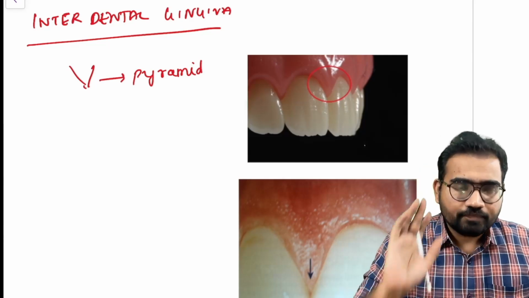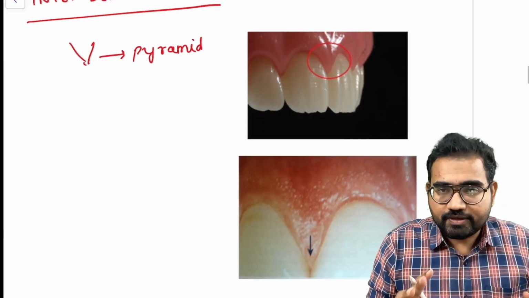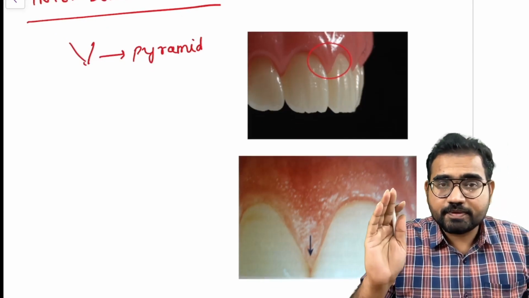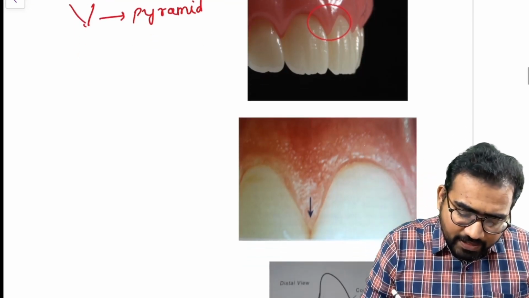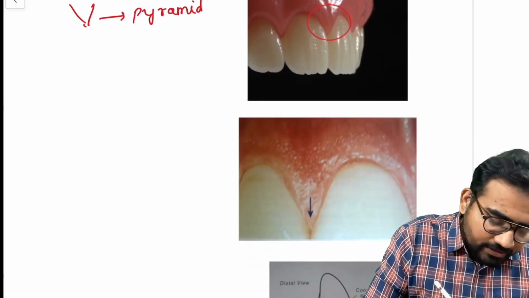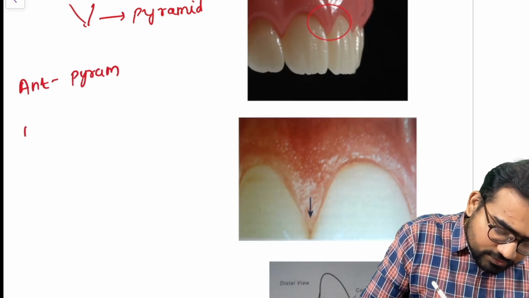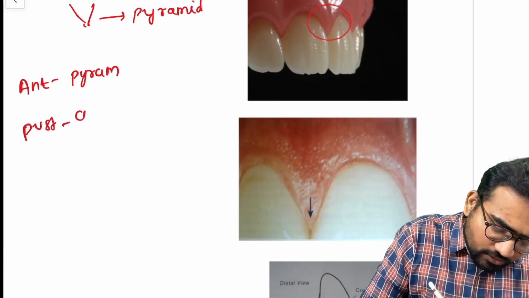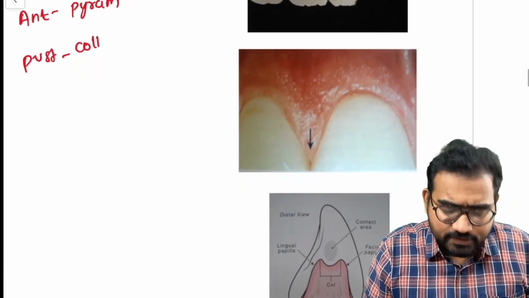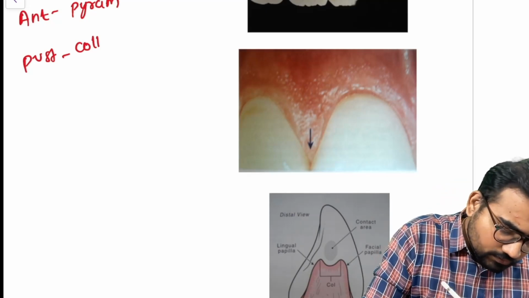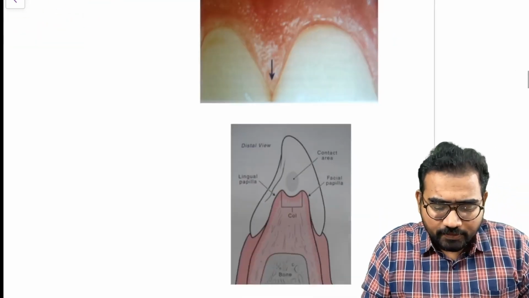Now this interdental gingiva fills the embrasure spaces and the contact points, and anteriorly it is going to be pyramidal in shape, and posteriorly it will be col shaped. What do you mean by col shape? Very simple.